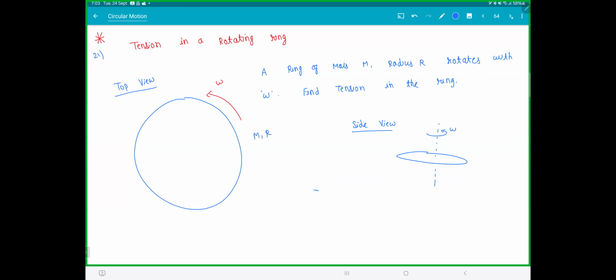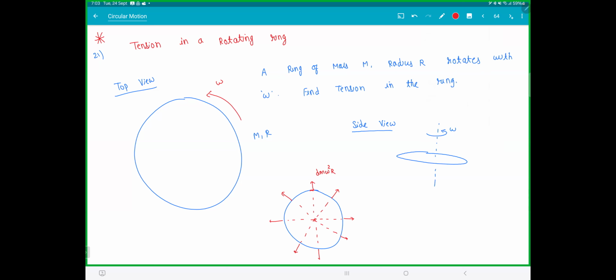The reason is this. At every point, if you take a small piece here, there is a centrifugal force. Remember, centrifugal force is away from the center in this case. If you stand on the rotating body, that means at every point, the centrifugal force is trying to pull these particles away from the center, because of which what will happen? There will be a tension in the ring, isn't it?